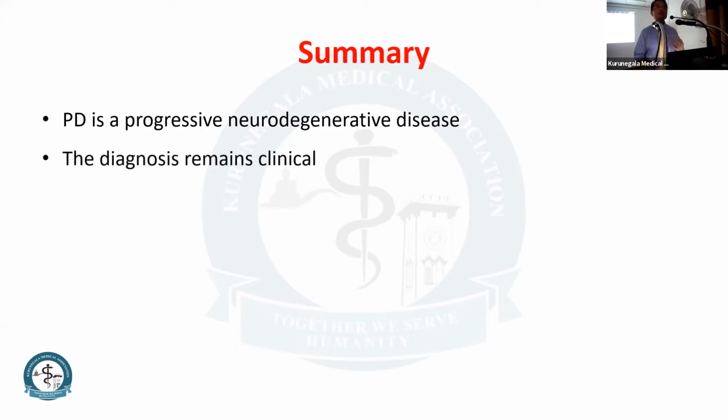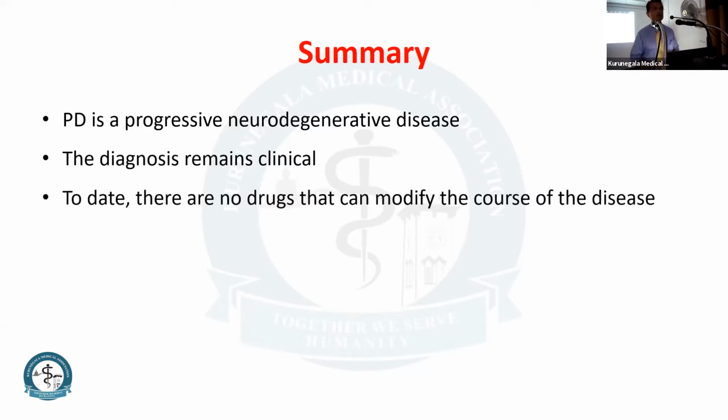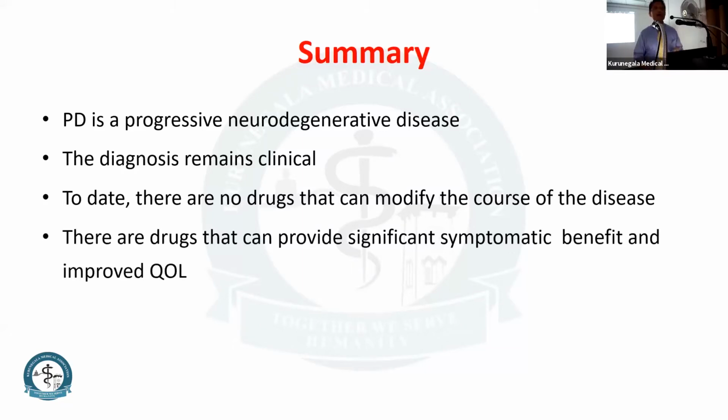The diagnosis remains clinical, so your clinical skills are absolutely essential to recognize the disease. To date, there are no drugs that can modify the course of the disease. We do not have disease-modifying drugs. However, we have many drugs that are very useful symptomatically, so that we can get the patient back to almost normal quality of life by properly adjusting the medication, and that needs to be adjusted with time.